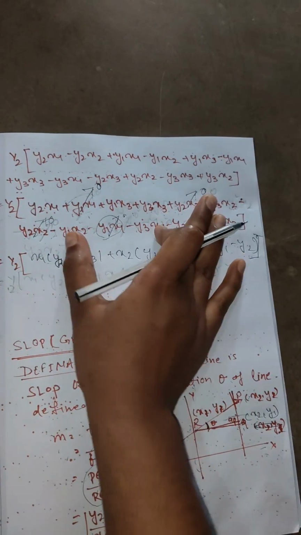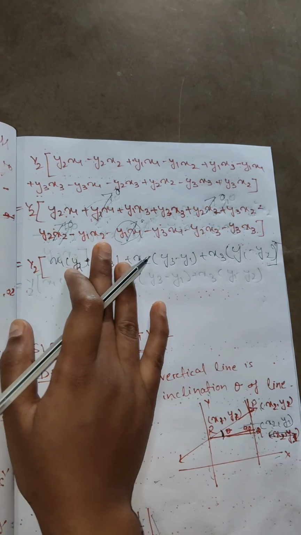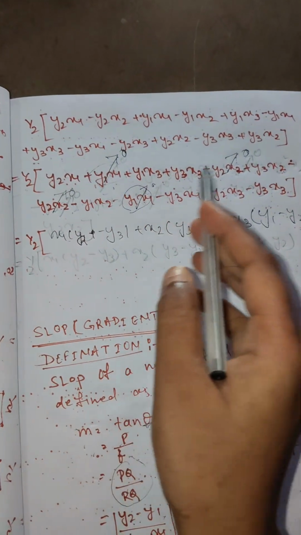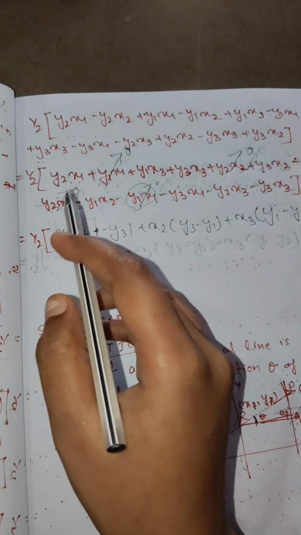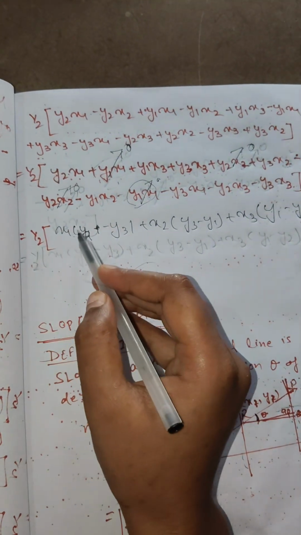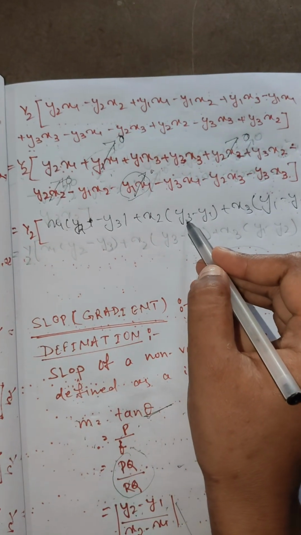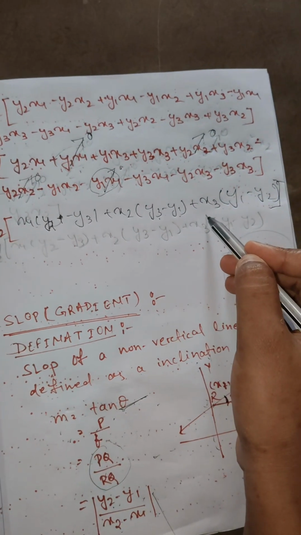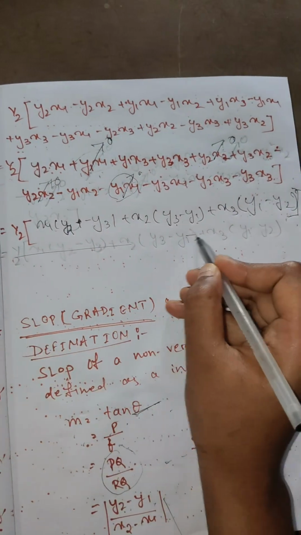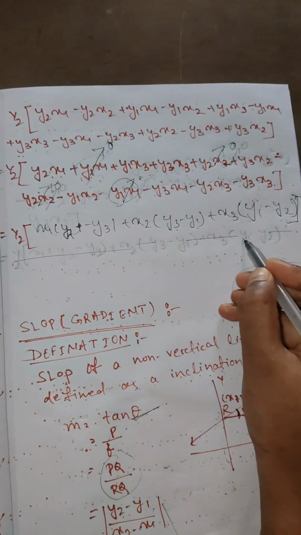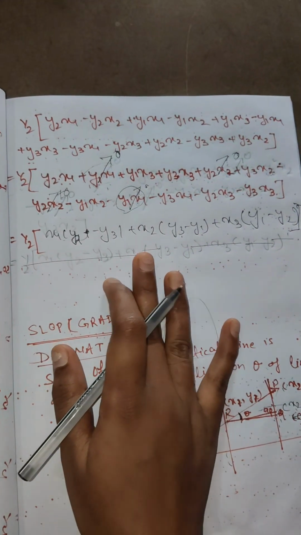So these four terms have cancelled out. Now writing the remaining terms and taking common elements outside, we can get half times x1 multiplied by y2 minus y3 plus x2 multiplied by y3 minus y1 plus x3 multiplied by y1 minus y2. So this is the formula for the area of a triangle using the coordinates of the vertices. Using this formula we can get the area of a triangle.